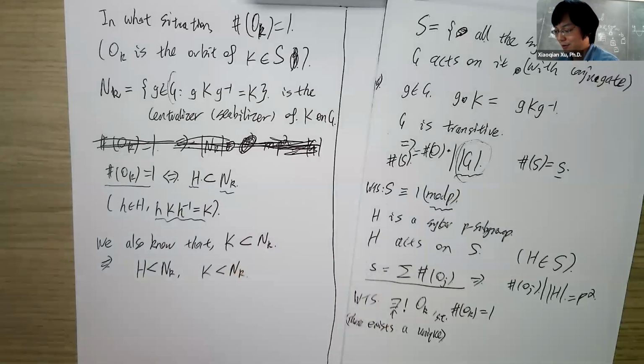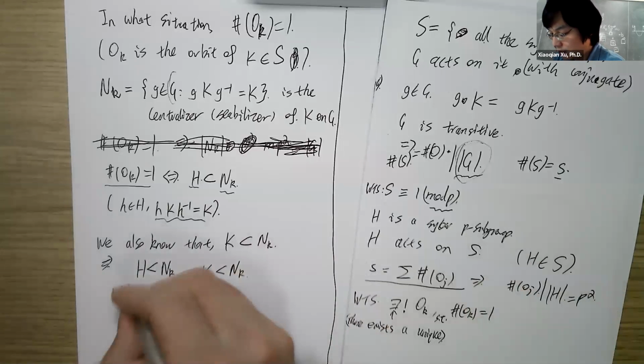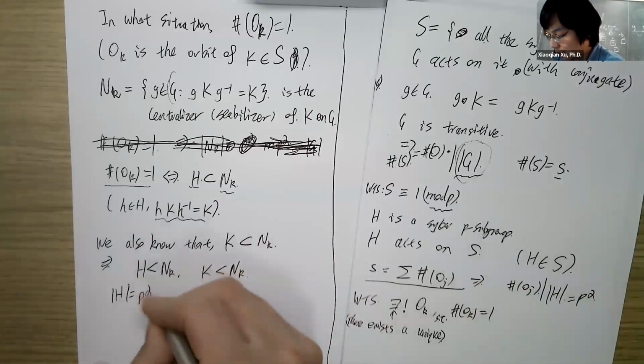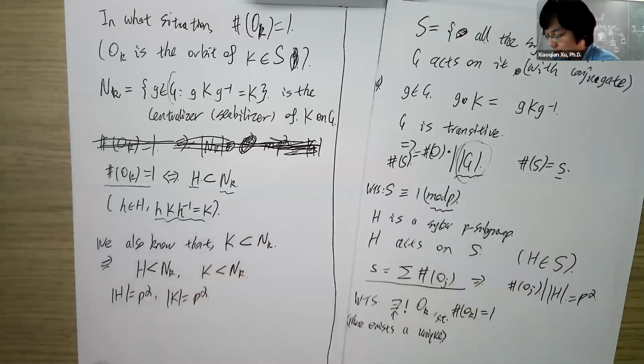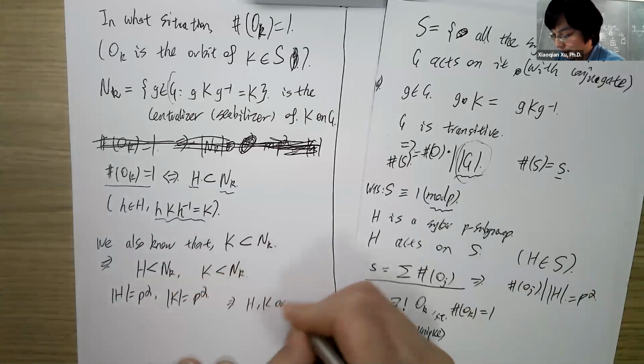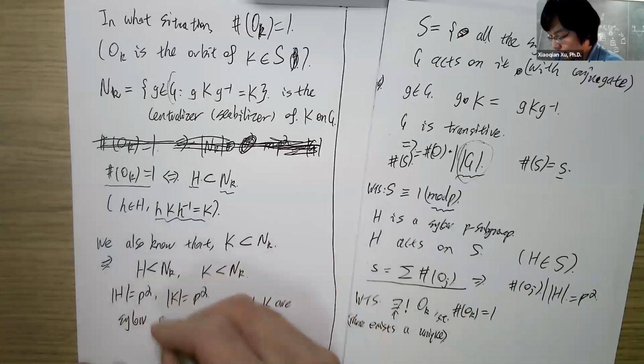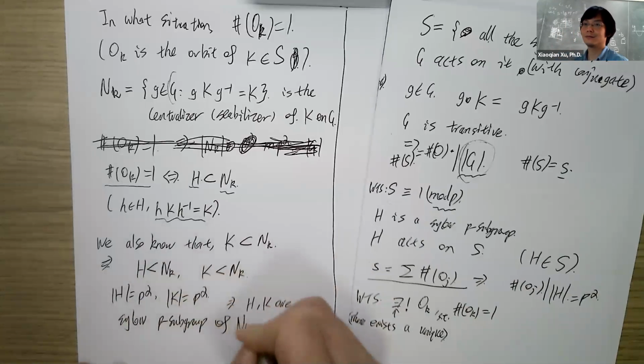Moreover, we know that H has order P to the alpha, K has order P to the alpha. So H and K are Sylow P subgroups of Nk. Right?